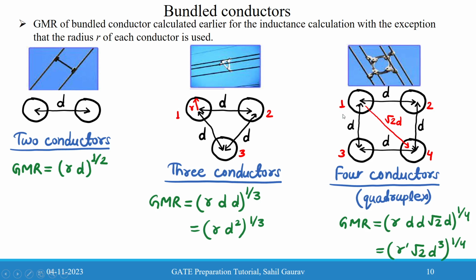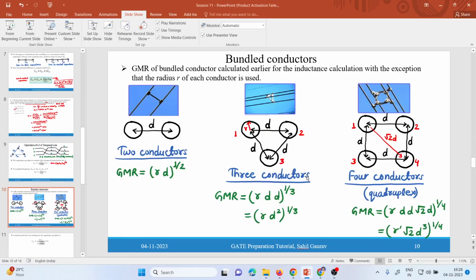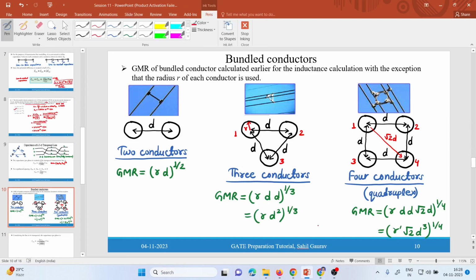If you are finding the GMR of one conductor, then you will get R into, it is at a distance d from the second conductor, a distance d from the third conductor, and a distance root 2 times d from the fourth conductor, and you will get this expression. And here it is a mistake, it is R only, not R dash.